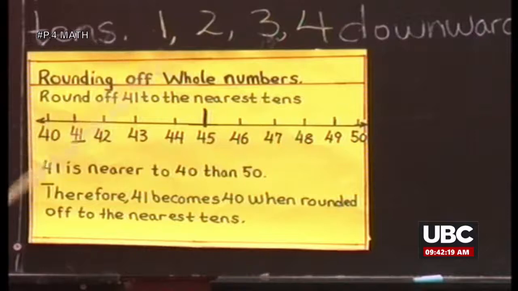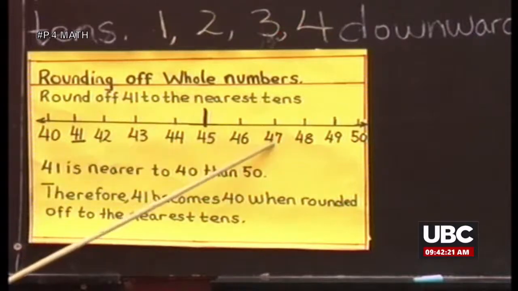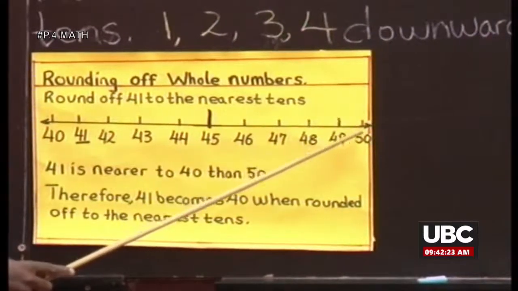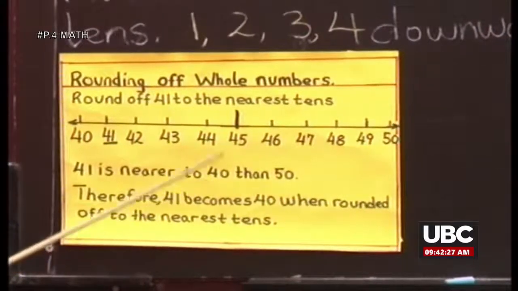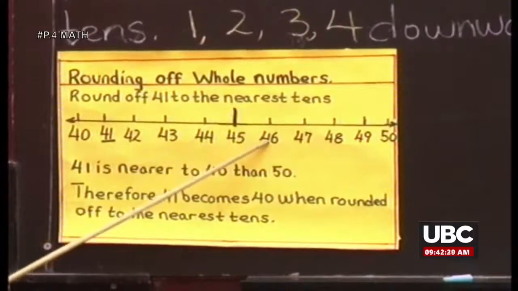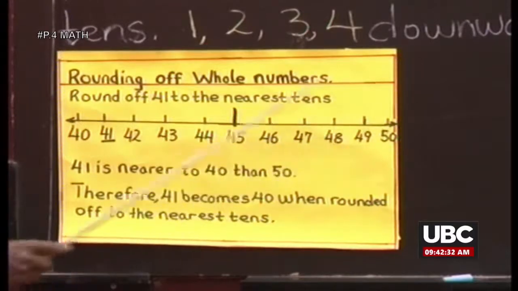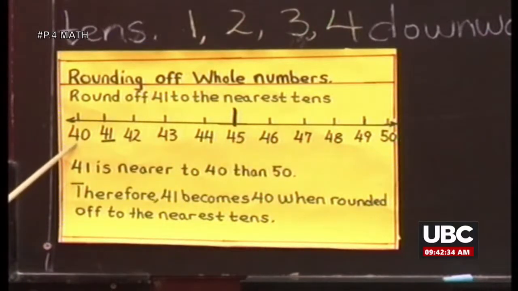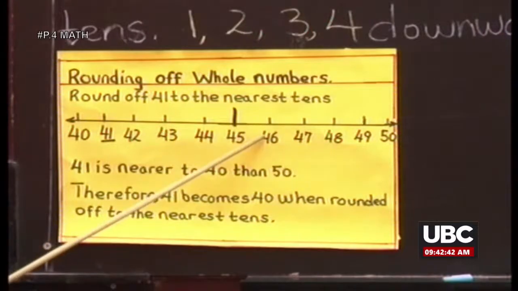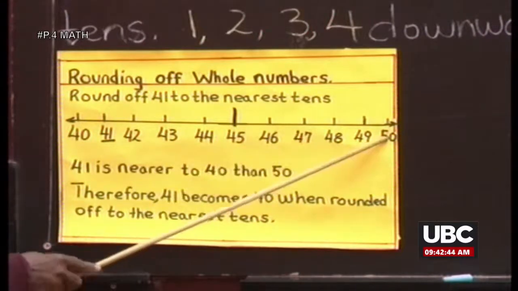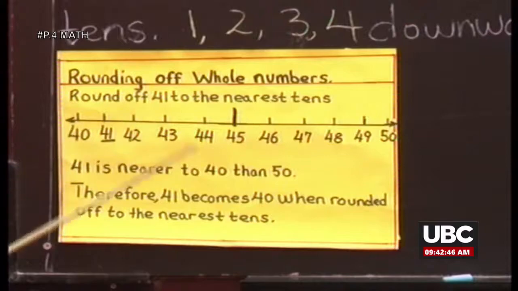So if you are asked to round off a number like 47 to the nearest tens, the answer is 50, because 46 is nearer to 50 than 40. If you look at the steps from 40 to 46, they are more than the steps from 46 to 50. Therefore, 46 is nearer to 50 than 40.